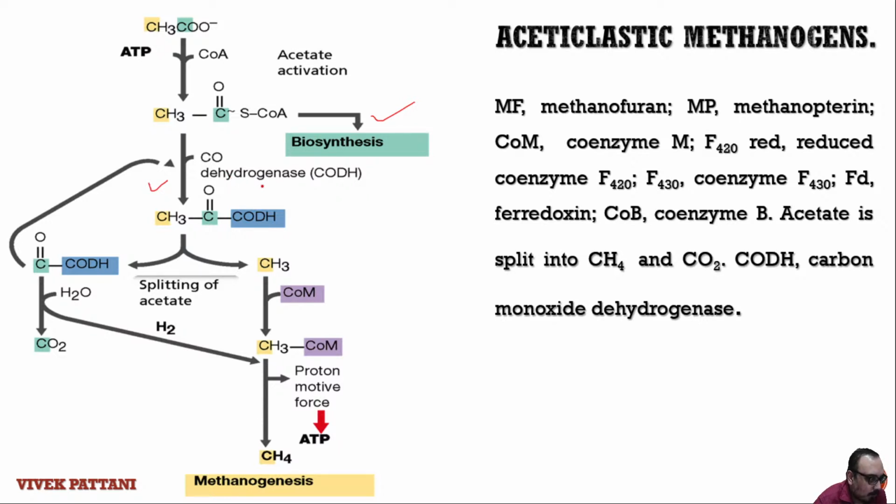With the help of the enzyme carbon monoxide dehydrogenase complex, it will be split into two ones, the splitting of acetate, in which one methyl group will be formed, and in another case a CODH complex will be formed, from which carbon dioxide will be generated directly, and the water molecule is added here, and the two hydrogens will be transferred here for the generation of the proton motive force.